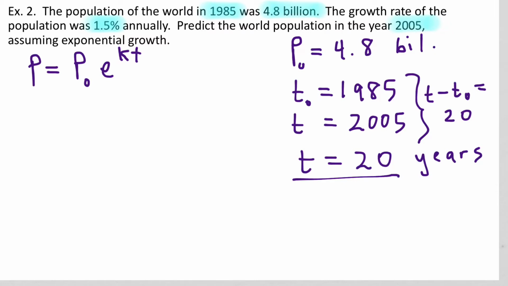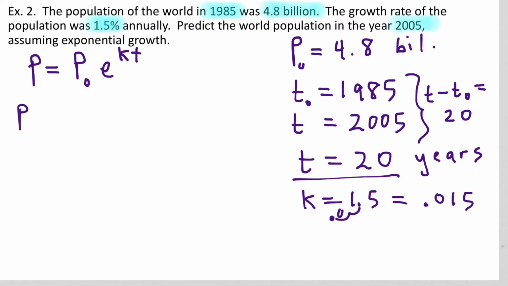The next number we need is our growth rate. We're told that it's 1.5%. We're calling it K in this equation. Remember, we want to move the decimal over 2 places, so we're going to enter it as 0.015. Now we want to put those numbers into our formula.